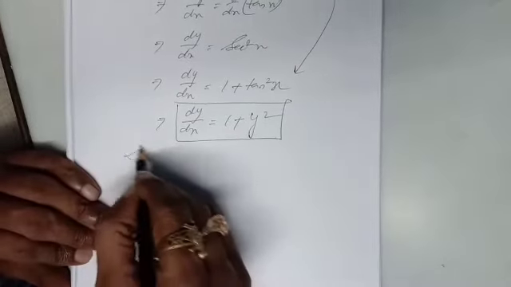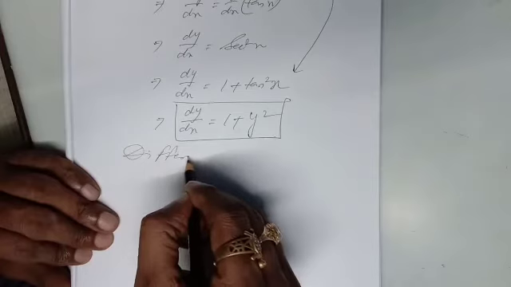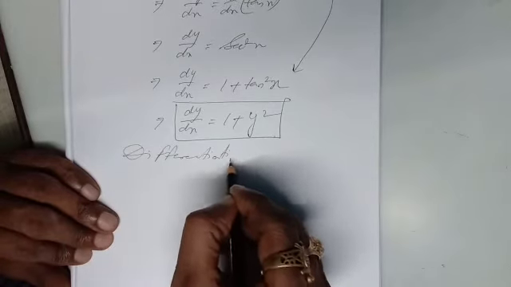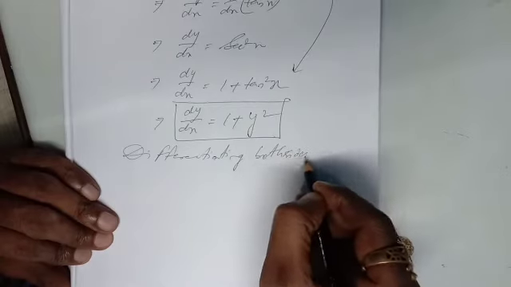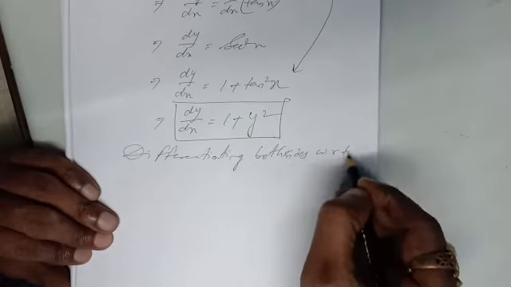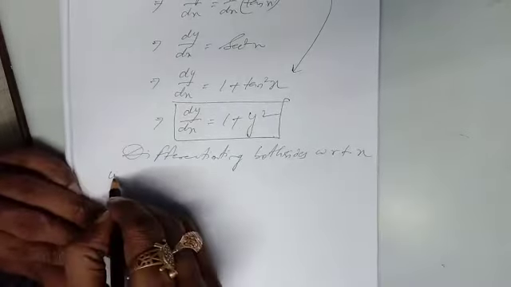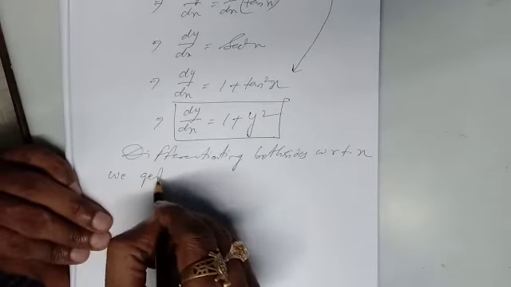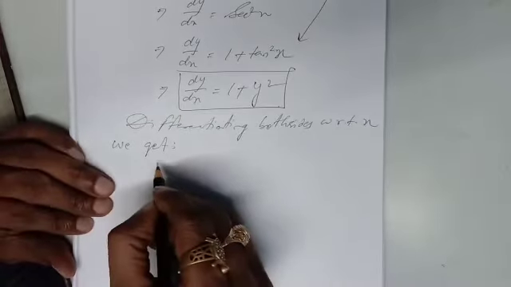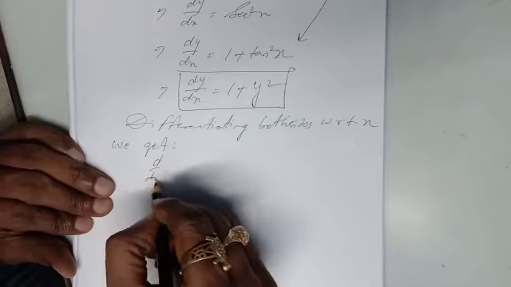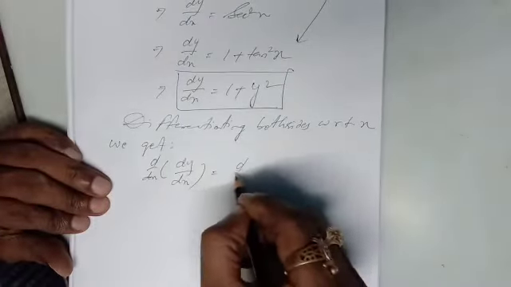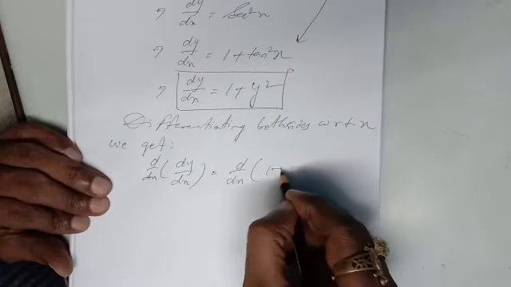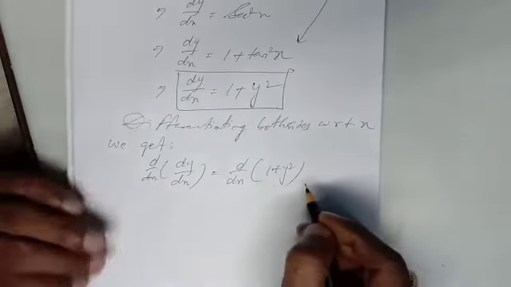Again differentiating both sides with respect to x, what will we get? That means d by dx of dy by dx, and this side will be d by dx of 1 plus y square.